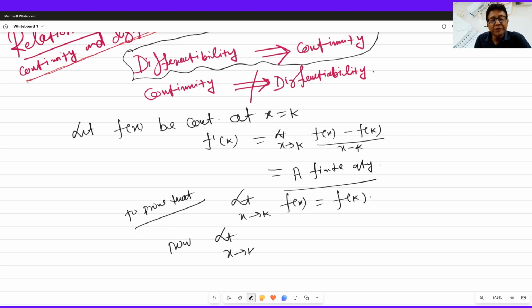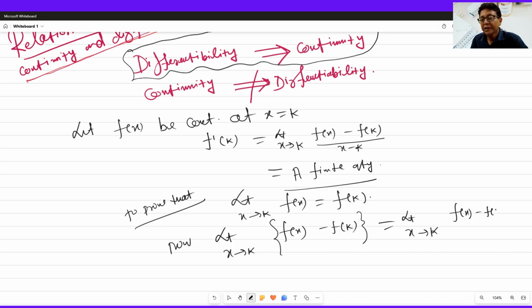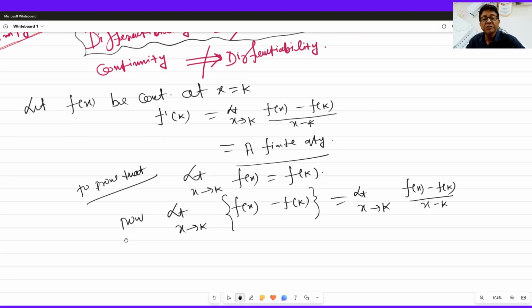Now, limit x tending to k f(x) minus f(k), this thing we can express as limit x tending to k f(x) minus f(k) by x minus k. We can divide by x minus k as x minus k is not equal to 0.